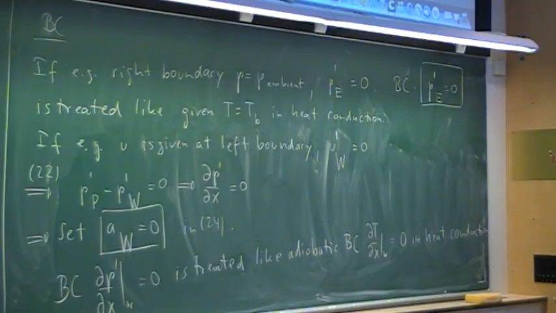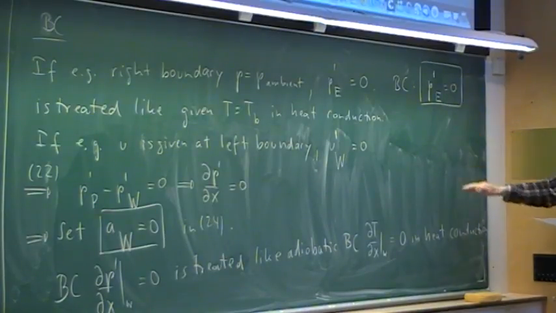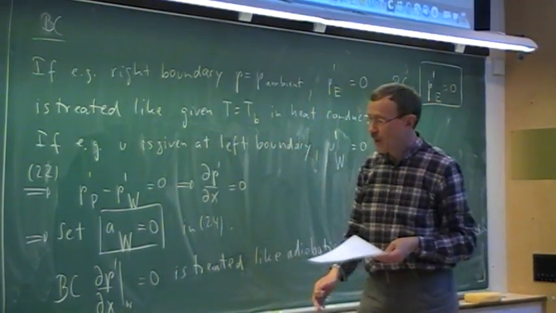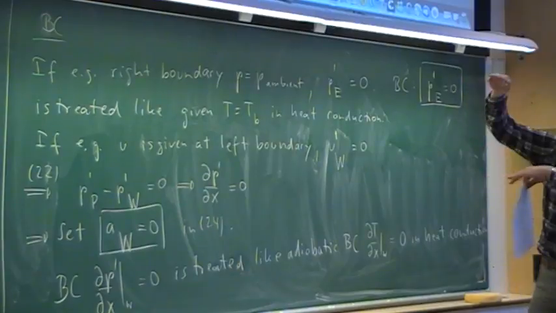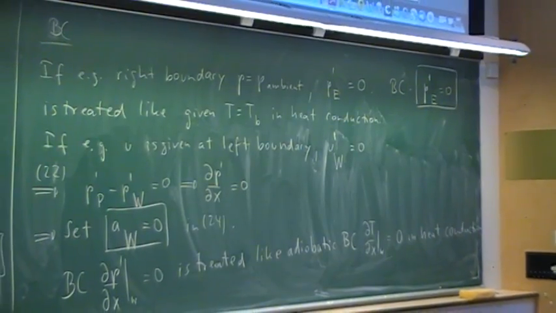But you see it is now such that at the right boundary we have a Dirichlet boundary condition for P prime, and a Neumann boundary condition where the velocity is given. And if we think of a channel, V is also 0 at the bottom and at the top, so we have Neumann boundary conditions there as well.